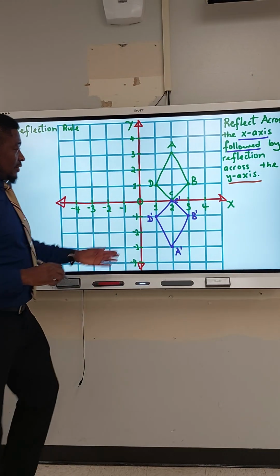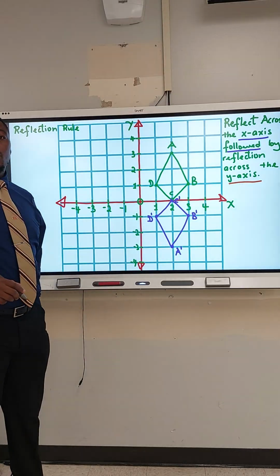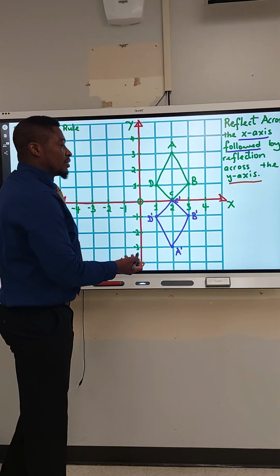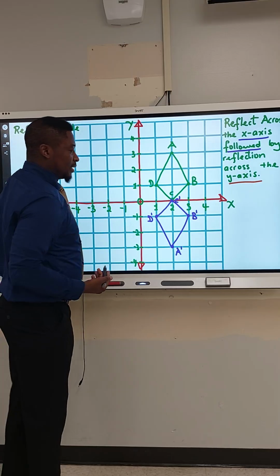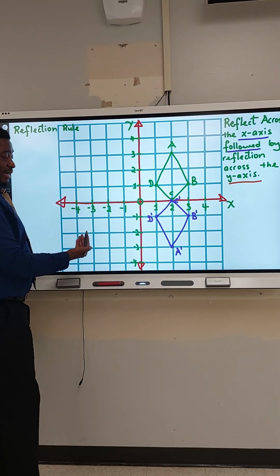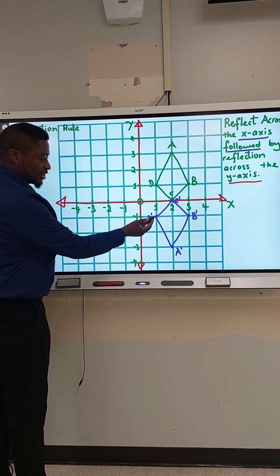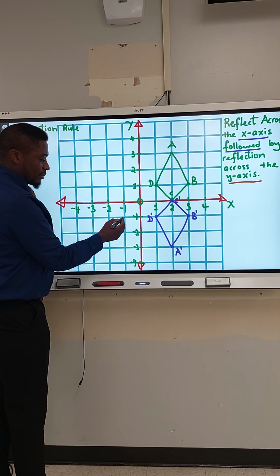The y-axis, now this vertical line here is the y-axis, and so we are going to reflect this purple image across the y-axis. The same principle, now our mirror is right here. This is D prime, 1 unit away from the mirror.